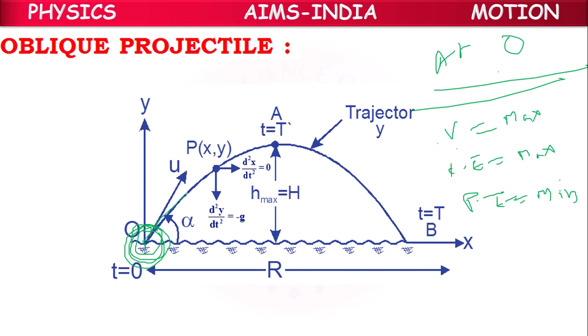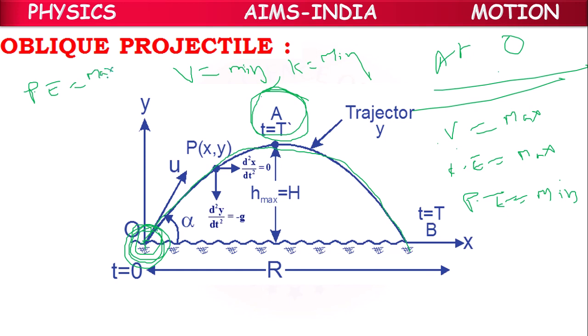What is the highest point reached by the body? It is A. There the velocity is minimum, almost zero, but not completely zero. We have to say almost zero. There velocity is minimum, kinetic energy is minimum, potential energy is maximum.